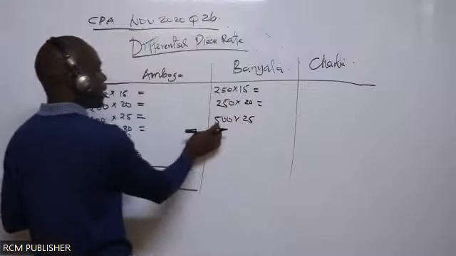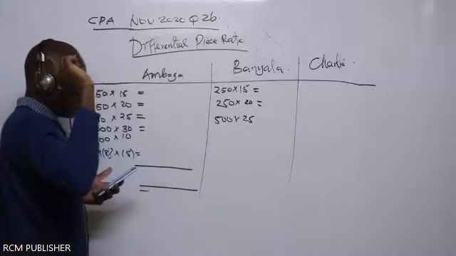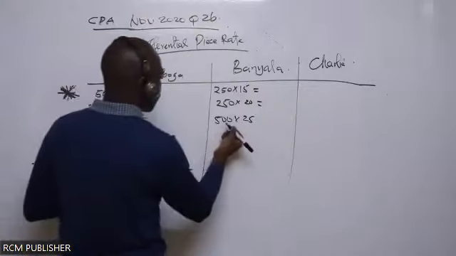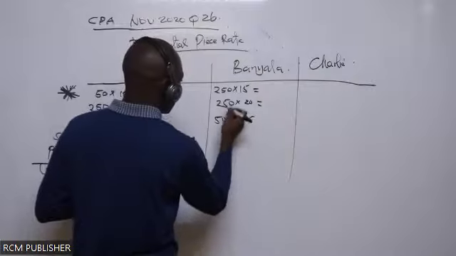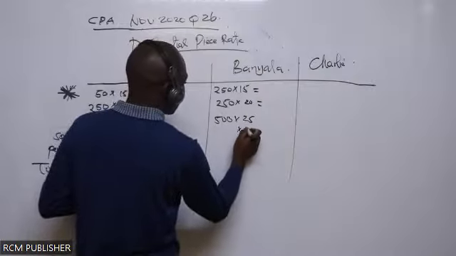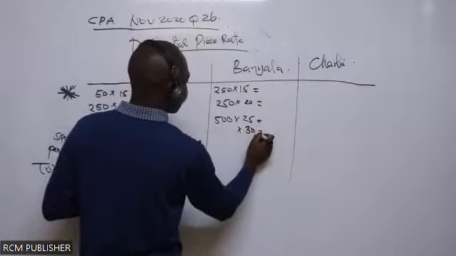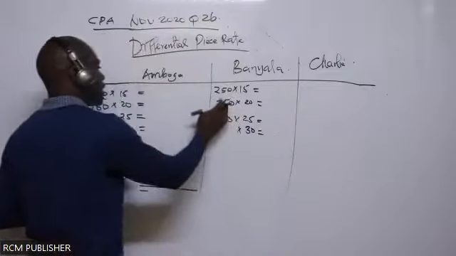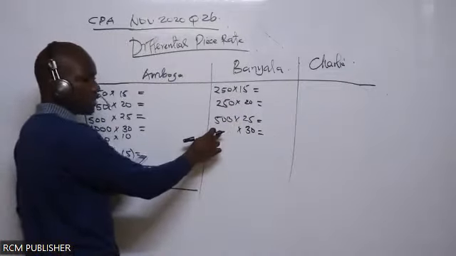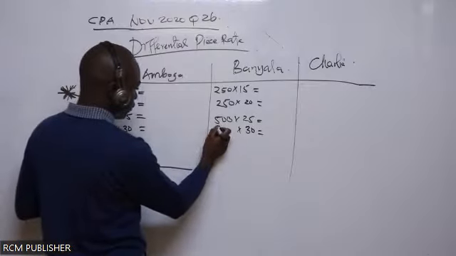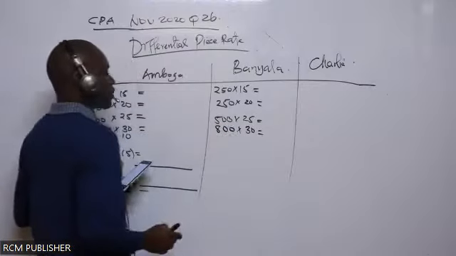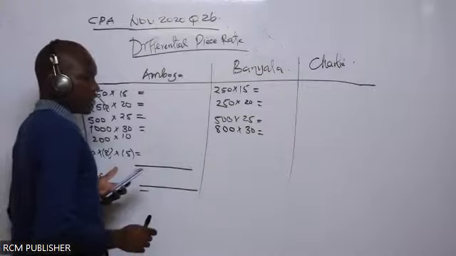If I add these ones here, still it is less than 1,800. So I will now proceed to get the balance. Anything that is over 1,000 will be paid at the rate of 30. This one exceeds 1,000 by 800. So that is what we have.